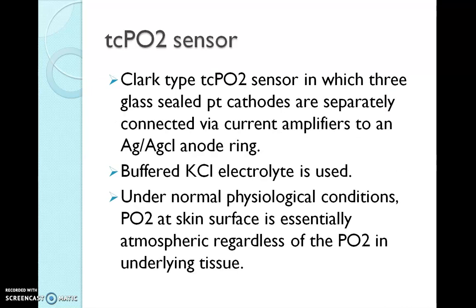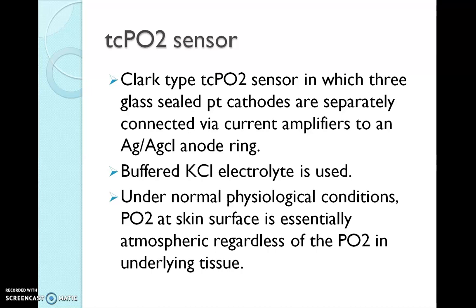Then we discuss the TCPO2 sensor, in which three glass sealed platinum cathodes are separately connected via current amplifiers to a silver anode ring. That is the important part of this transcutaneous PO2 sensor.